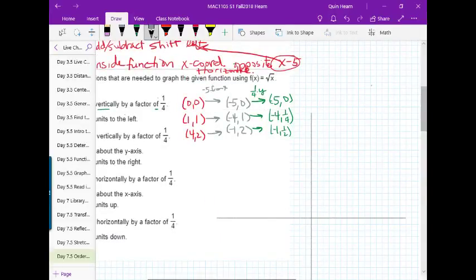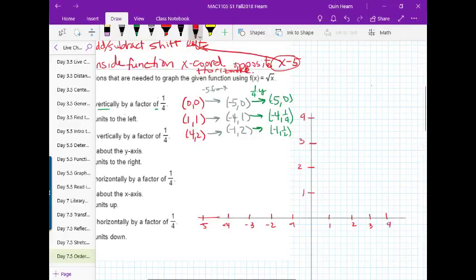So for my original parent function, which I'm going to graph in red, let's do a scale of 1, 2, 3, 4, negative 1, negative 2, negative 3, negative 4. I need to go out to negative 5. Okay. All right. I think that should do it.